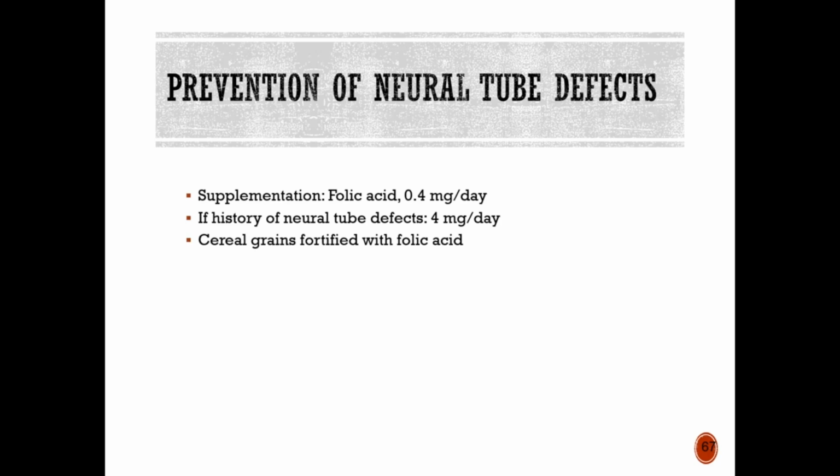And other ways to get that folic acid beyond taking a supplement are cereals or grains that have been fortified with folic acid. And again, supplementation really should begin prior to conception. This is found to potentially prevent 50 to 70% of all cases of these neural tube defects.